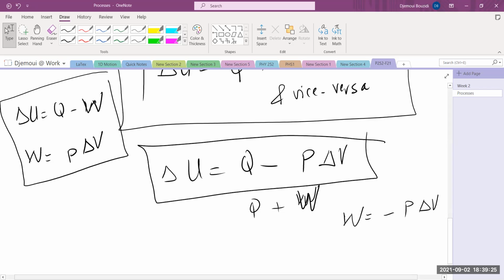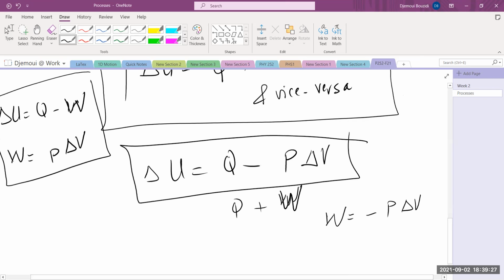Okay, the volume is going down when I compress. Let's look at this scenario. So when I compress, you guys agreed that delta V is negative, yes? So that means W is positive, correct? Because I have a negative in here. Negative times negative, so it's going to be positive, correct?